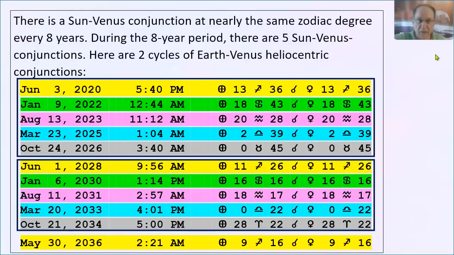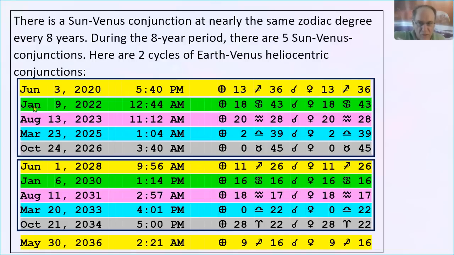That's correct, heliocentrically. Geocentrically, technically speaking, that's not correct, which I'll explain in a minute. But let's look at it helio first. On June 3rd, 2020, of course, helio, you don't have a sun, you have an Earth. So on June 3rd, 2020, Earth is conjunct Venus at 13 Sagittarius 36.